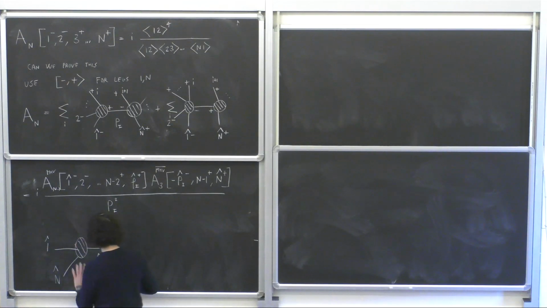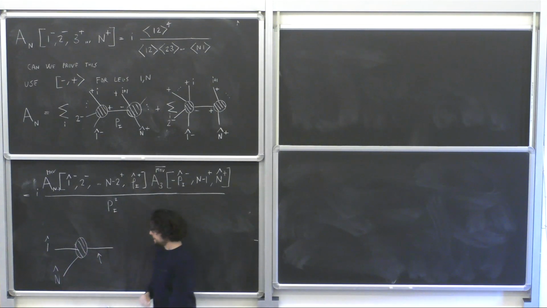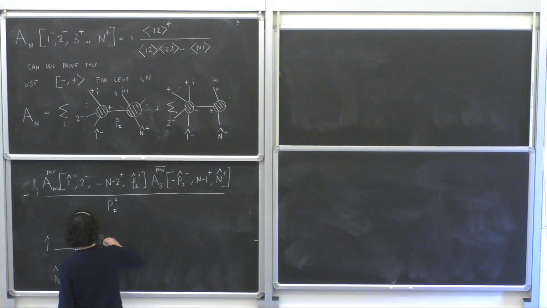Then this thing can, of course, go on shell, but there's no dependence on the complex parameter. So when you are studying the behavior on the complex plane, not for all momenta, but for this particular complex parameter you have identified, you don't get a pole. Okay, because this pi is unshifted.